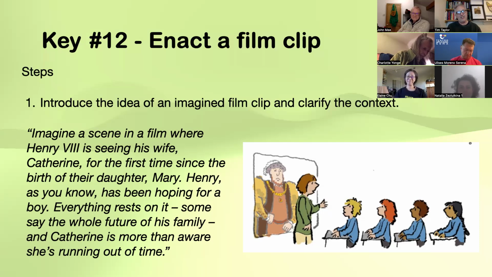And of course, everybody realizes the implications of this. So Henry, as you know, has been hoping for a boy. Everything rests on it, the whole future of his family. And Catherine is more than aware that she's running out of time. She's growing older, and she's less and less likely to be able to conceive.